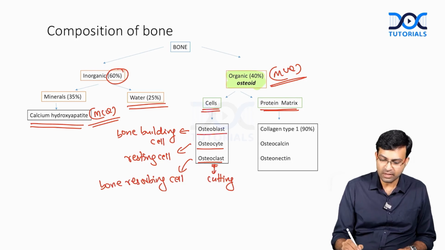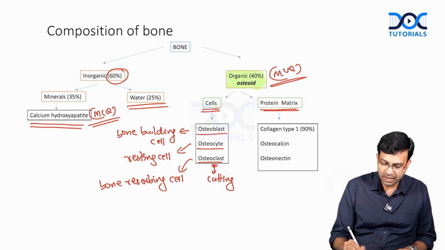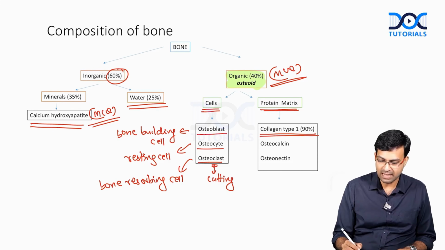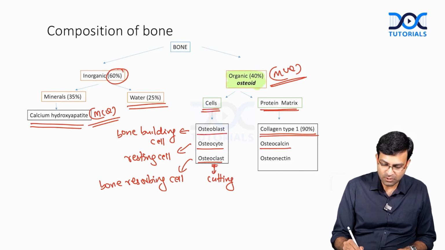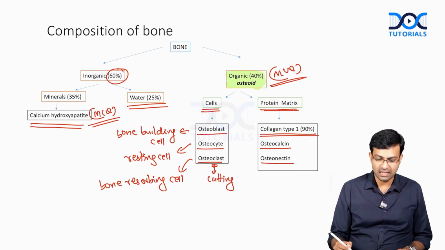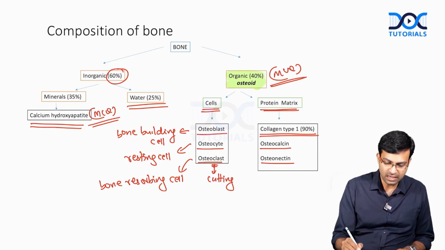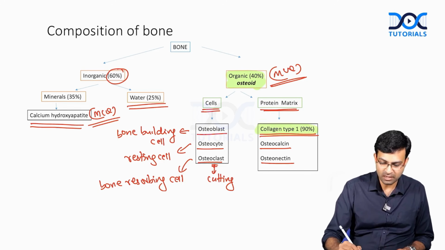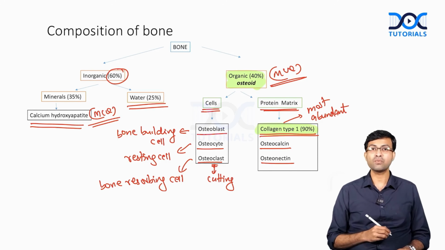Okay. Now if you look at the protein matrix, it is primarily made up of type 1 collagen. It also has some amount of osteocalcin and osteonectin. This is again another MCQ. Which is the most abundant protein in bone? Most abundant protein in bone is type 1 collagen.